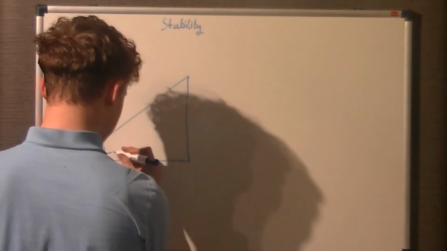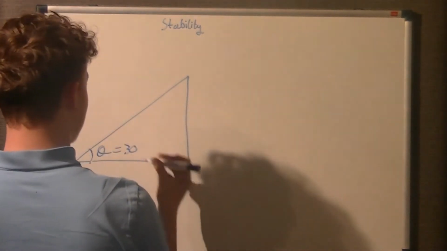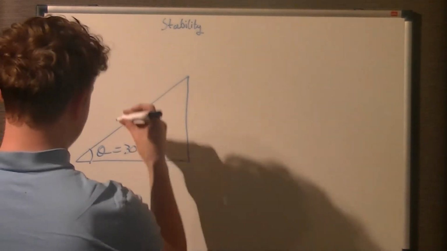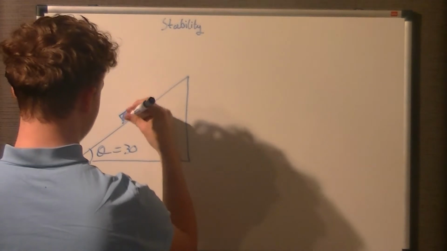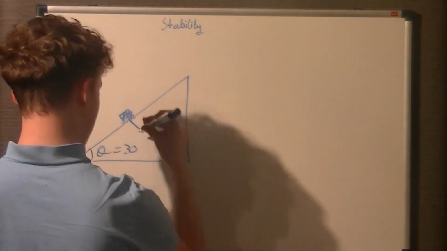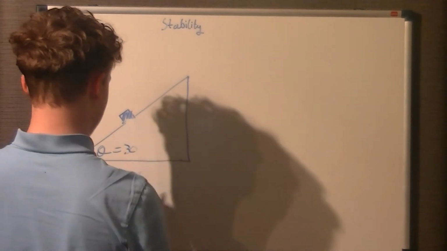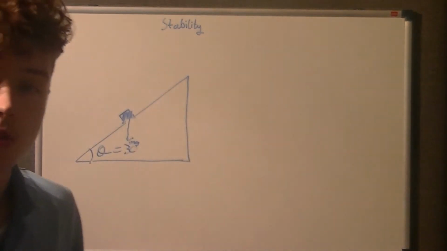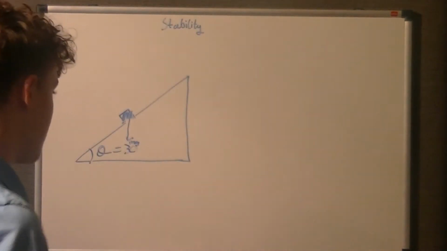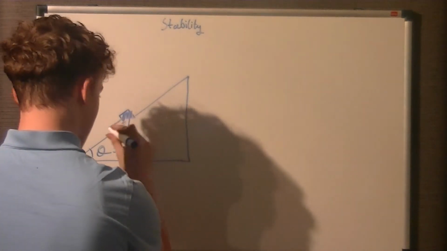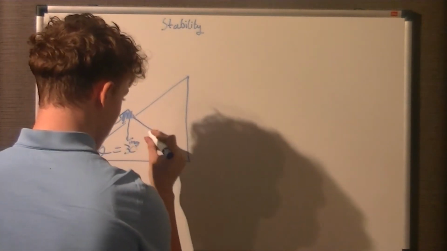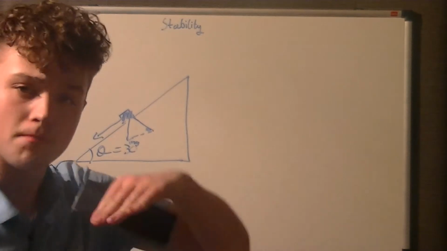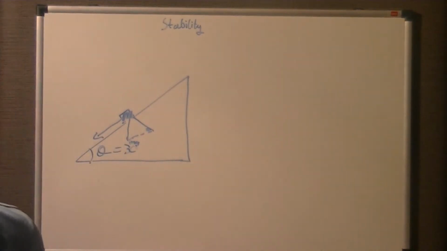So this is theta, and say theta equals 30, and we've got a block here, and we've got a weight, mg. Now mg is the weight, and it always acts downwards, wherever it is, down to the centre of the earth. Then one force acts perpendicular to the slope, at a right angle.